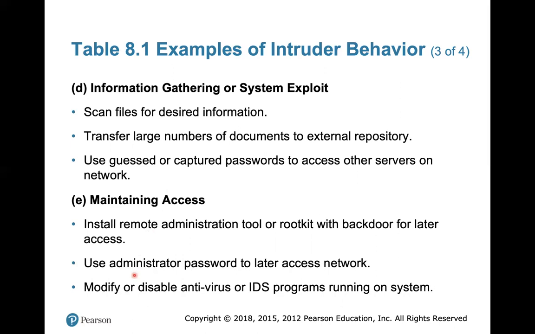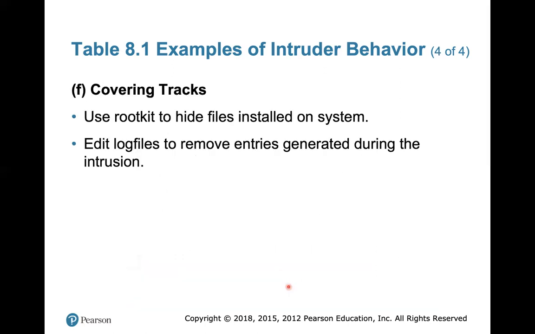They may get the administrator password to access the network, and they may modify the security settings of the system in order to, for example, disable the antivirus or intrusion detection systems that might be running on the organizational computers.